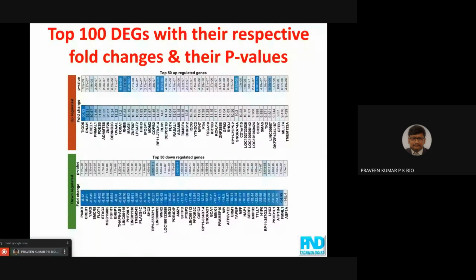Initially, I worked on identifying the top 100 differentially expressed genes through fold changes and p-values. You can see the fold change and p-values. So top 50 upregulated, top 50 downregulated, totally 100 differentially expressed genes.